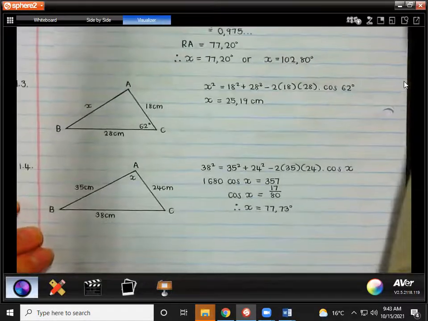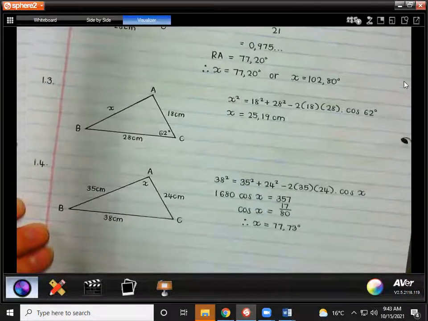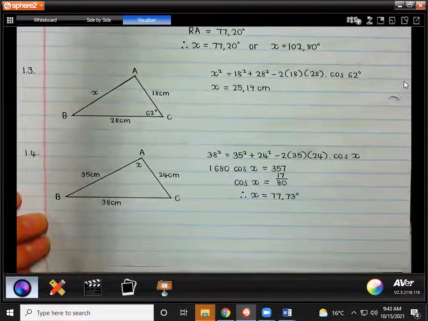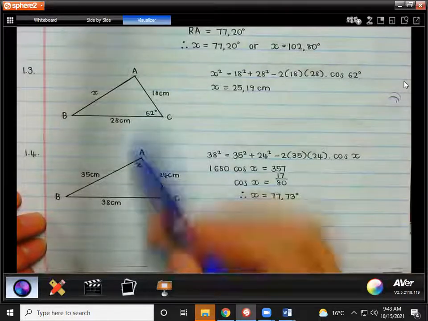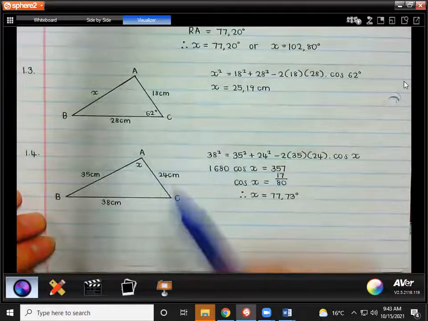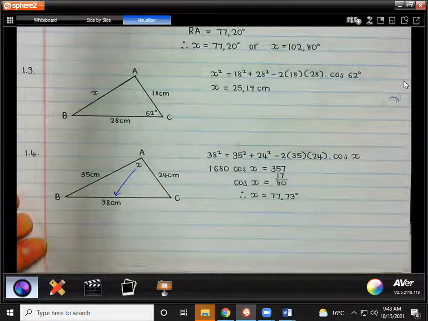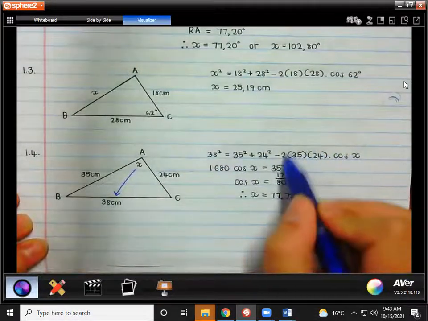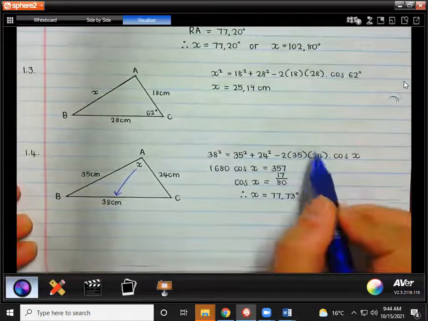Okay, 1.4 is over there. Here you had to use cos rule to find that angle. So that's like the last 2 from exercise 3 that we just did. Again, because we're finding this angle, we need to start with the side that is opposite that angle. Here, again, I calculated this. This was negative 1,680, which I then moved.